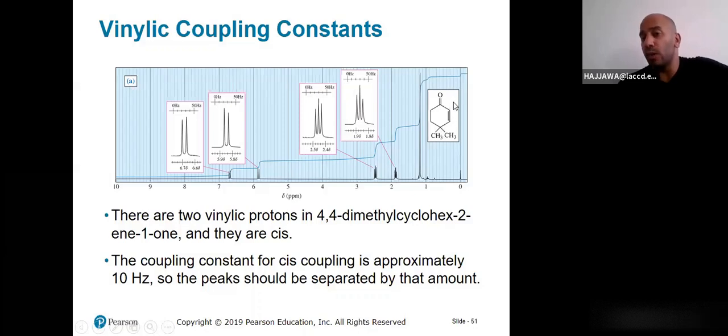So you wouldn't expect these two hydrogens to be reading the same. So that's why you see two different peaks, one around 5.9 ppm, which is most likely the one that's down here, and one reads around 6.7 ppm, which is the one that's closer to the carbonyl. So the deshielding effect will cause it to be more downfield.